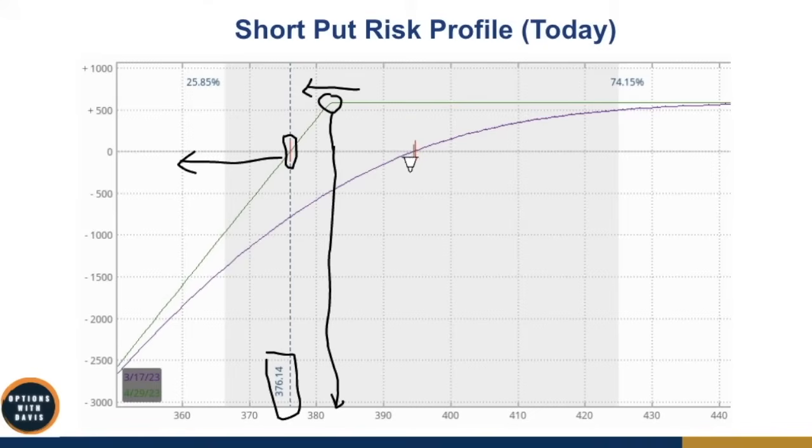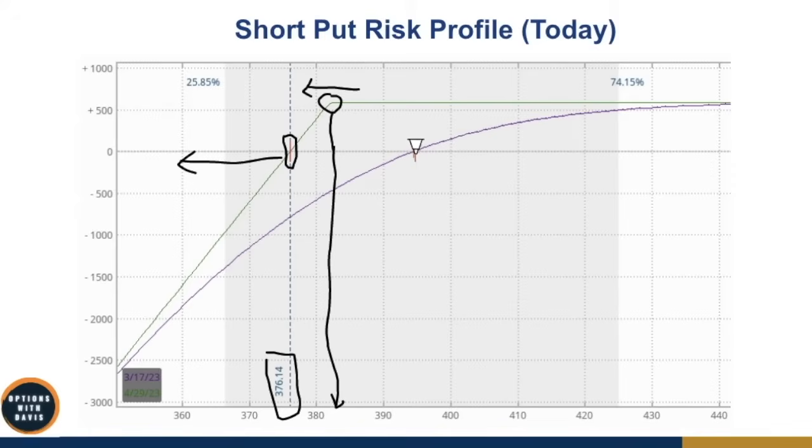Now you will notice there are two lines down here on this P&L graph: the purple line and the green line. If you are new to reading this P&L graph, basically the green line is the P&L for your short put at expiration, whereas the purple line is the P&L graph for today. Every day it will change.